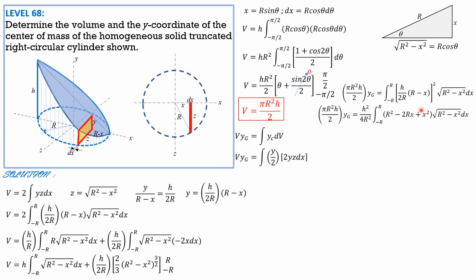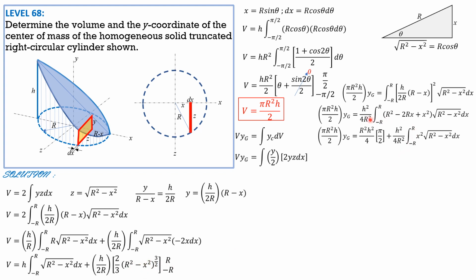So if we expand, cancel r squared, we have h squared over 4, integral on the right side. Let's just copy the left side. So we have h squared over 4, cancel r squared, integral of r squared, x squared dx. Then the middle term is similar to this. That's why I ignored the middle term, because it will give us 0 value.